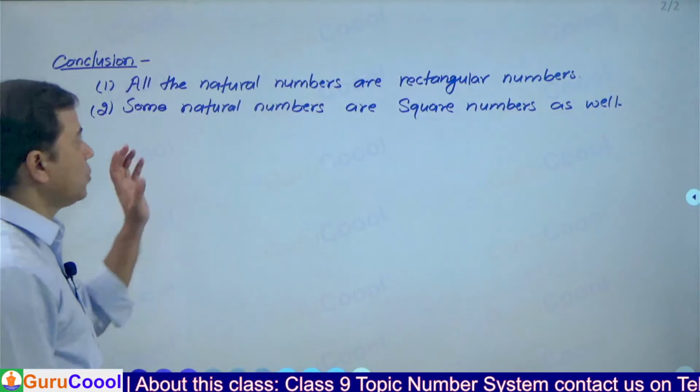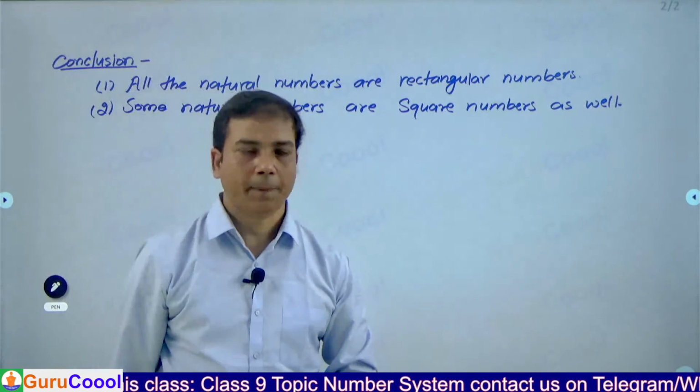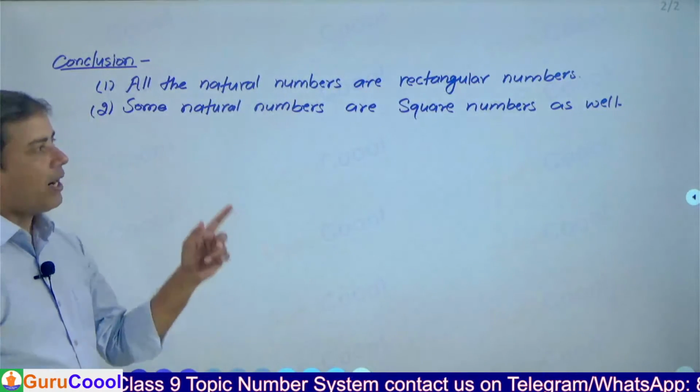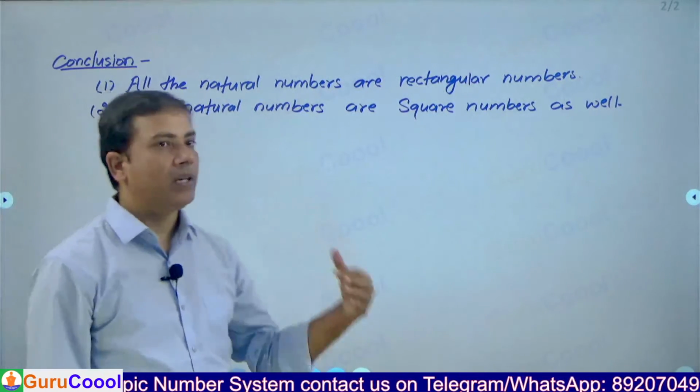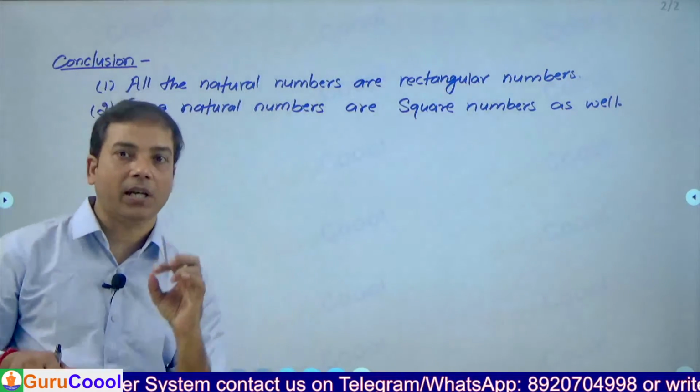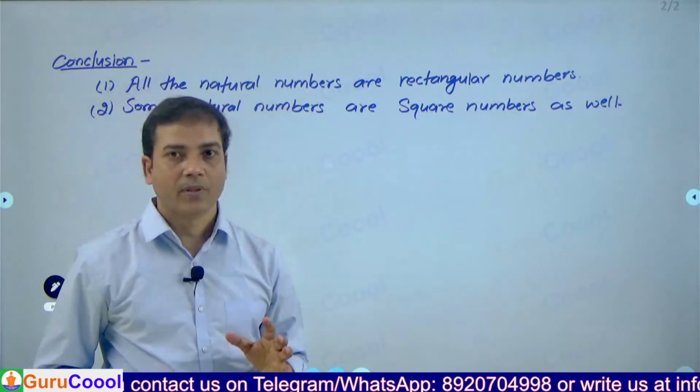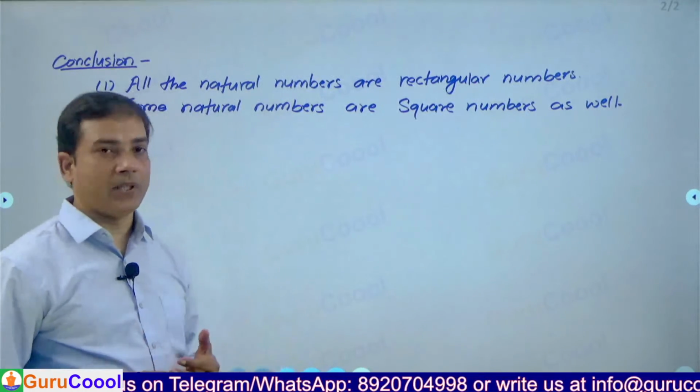Well, so we understood what is square number. They are square numbers because they can be represented as a rectangle with same length and breadth, or we can say they can be represented as a square.